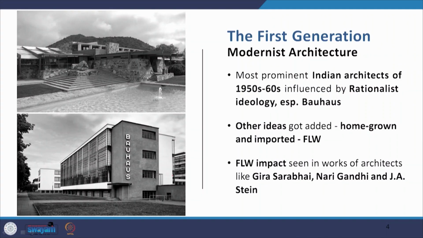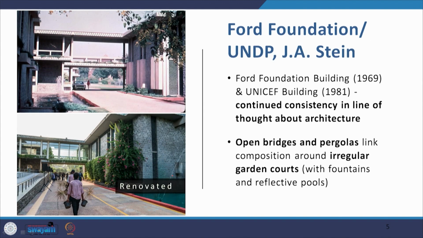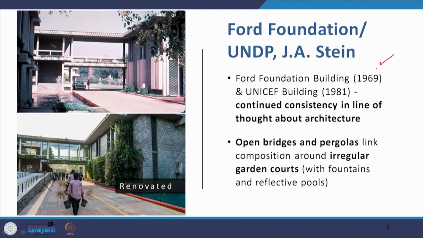Then we had also seen that the most prominent Indian architects who were carrying forward modernism in India were strongly influenced by the Bauhaus rationalist ideology, but other ideas also got added which were both homegrown and imported, for example that of Frank Lloyd Wright, and his impact is seen in the works of architects like Gira Sarabhai, Nari Gandhi and Joseph Allen Stein.